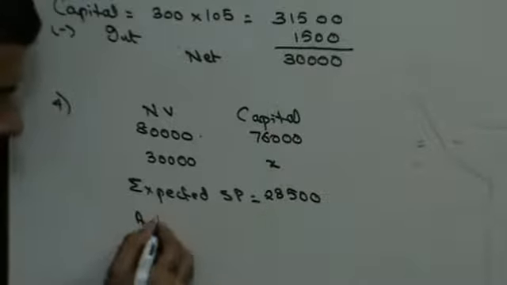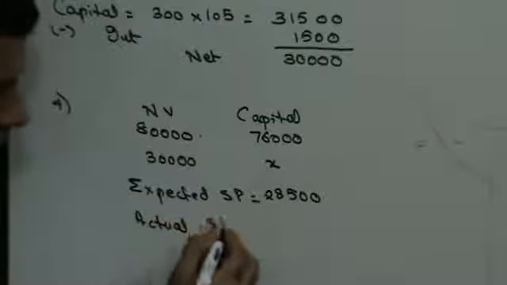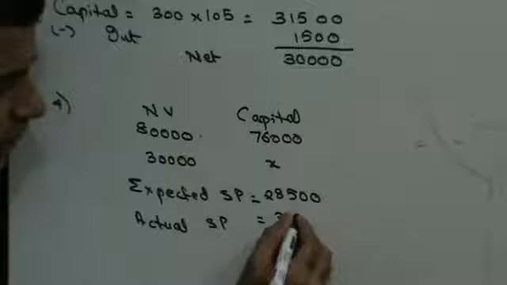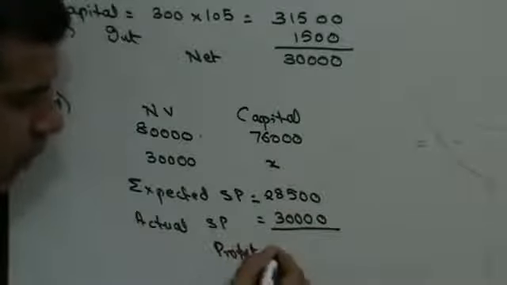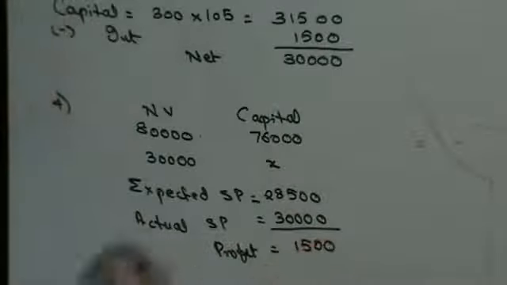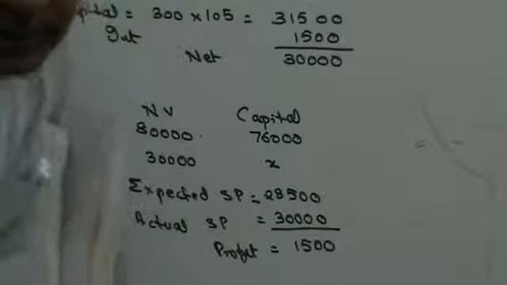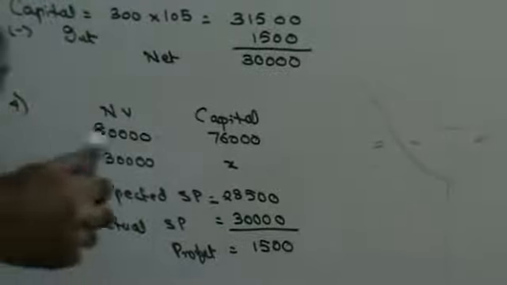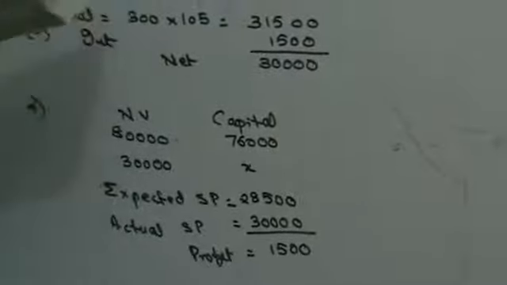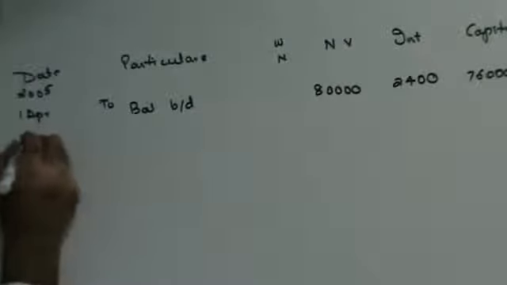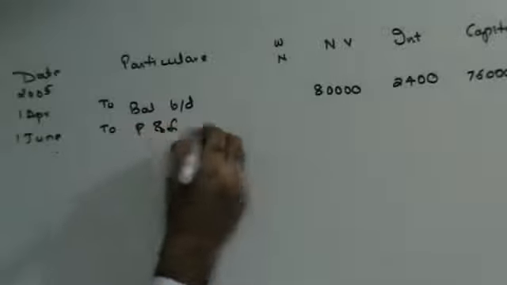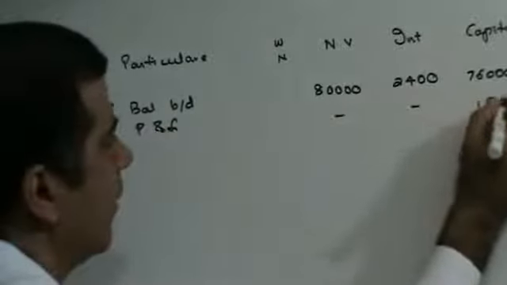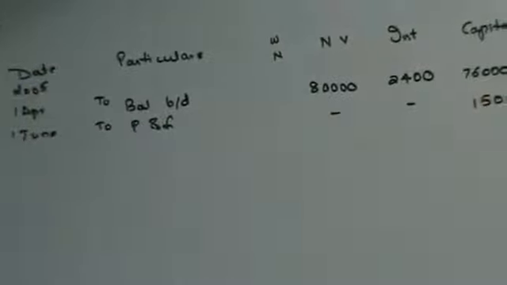My actual selling price is 30,000. So in that case, I have made a profit of 1,500. You will record the profit on the debit side. So this will be on 1st June, to P&L, profit of 1,500.